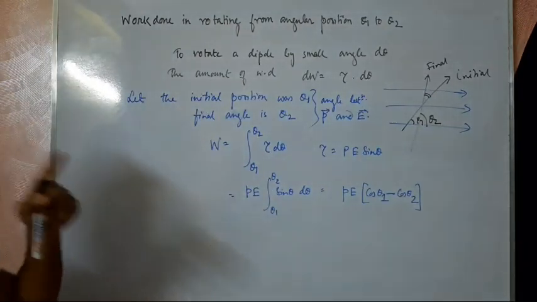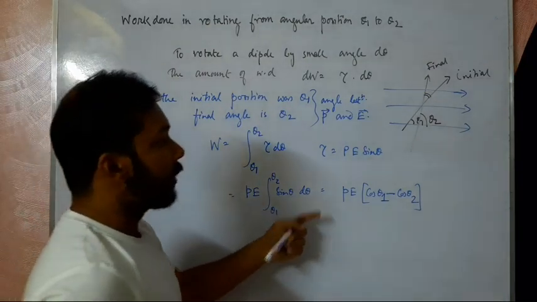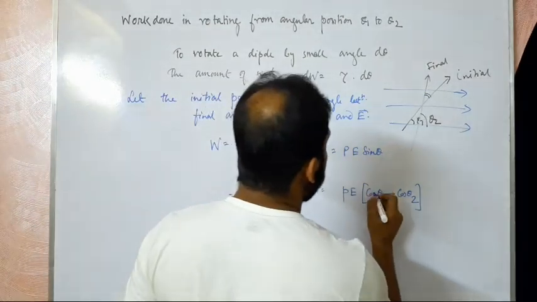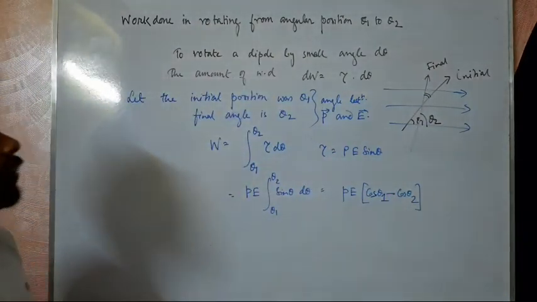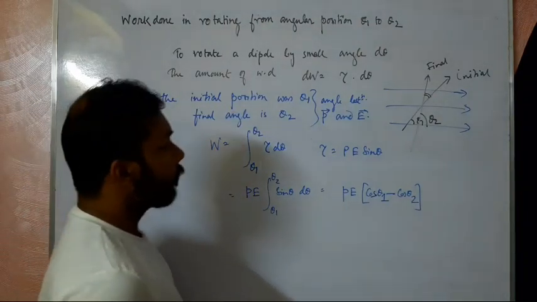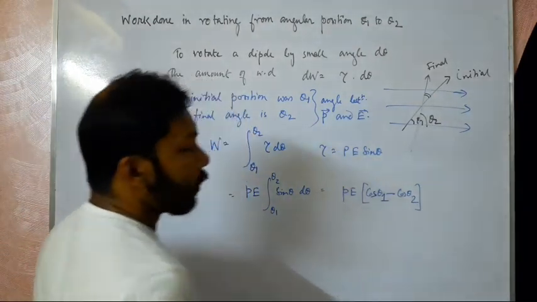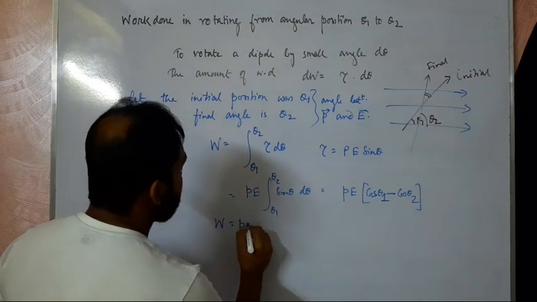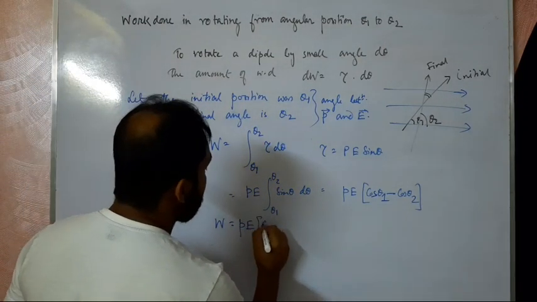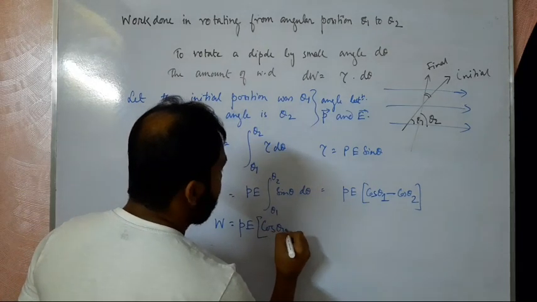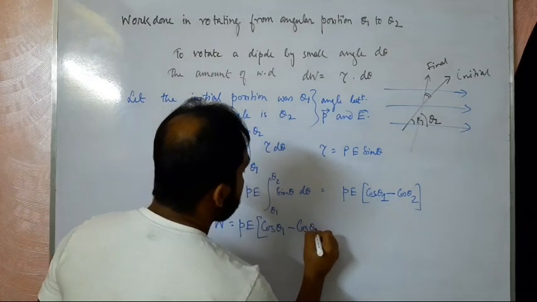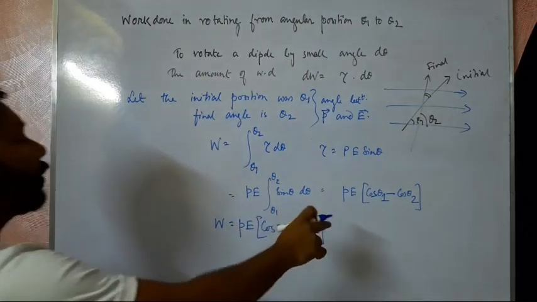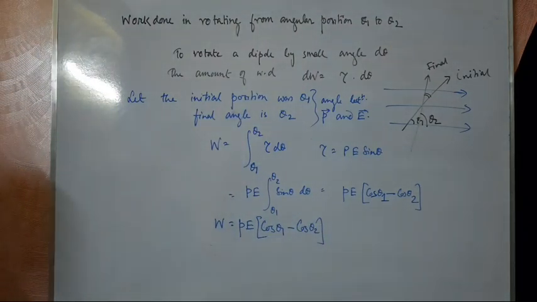When we integrate sin θ, we get minus cos θ, and for that minus sign, the limits have changed from initial to final. So PE (cos θ1 minus cos θ2). This is the amount of work done in general when we rotate a dipole from an angle θ1 to an angle θ2.